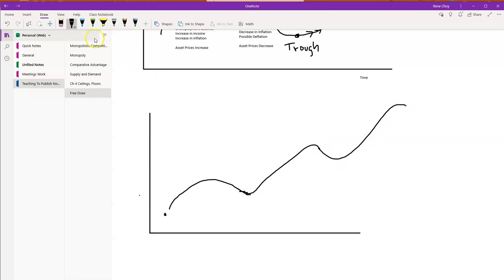And that's how you know that you're having economic growth over longer periods of time. In other words, the next peak is higher than the previous peak, and the last trough is lower than the new trough.